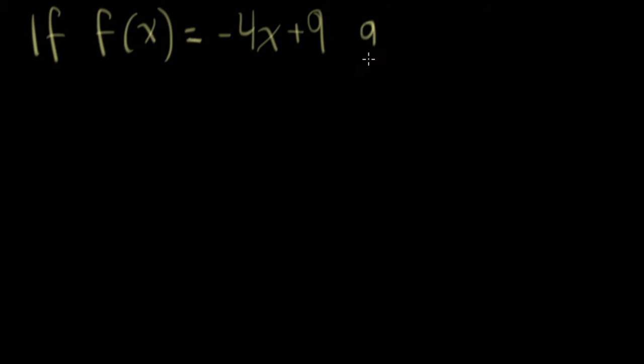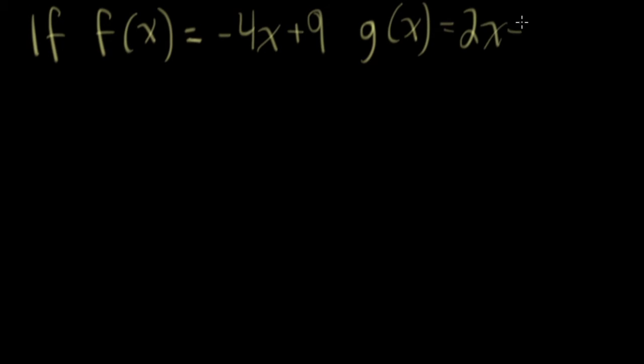If you're walking around the corner and you see a function f of x is equal to negative 4x plus 9, and around the other corner you saw the function g of x is equal to 2x minus 7.